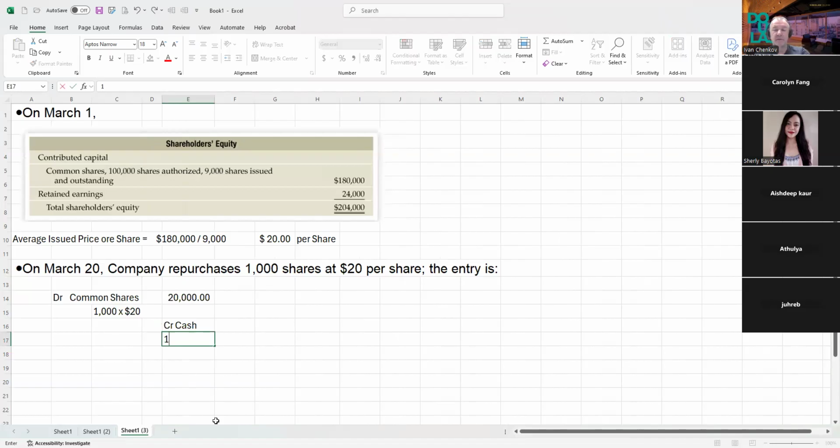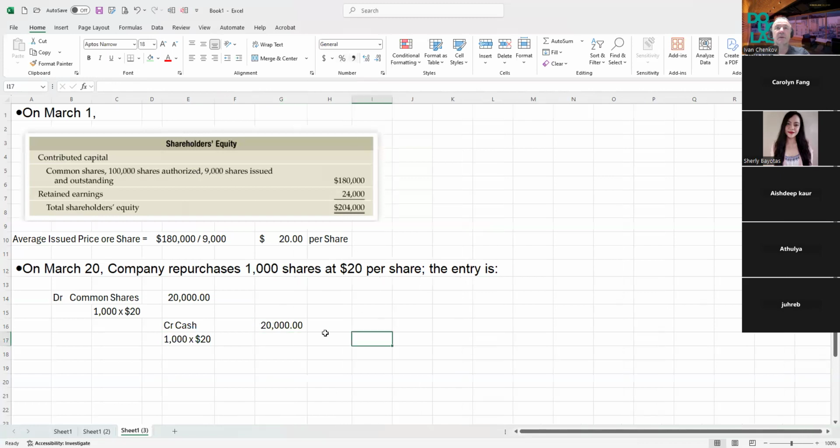We purchased 1,000 shares, and for those shares we paid $20 per share. So that will be exactly the same: 1,000 times $20, we pay $20,000. Our debit and credit are equal, right? We're in balance. Do we have to do anything else?